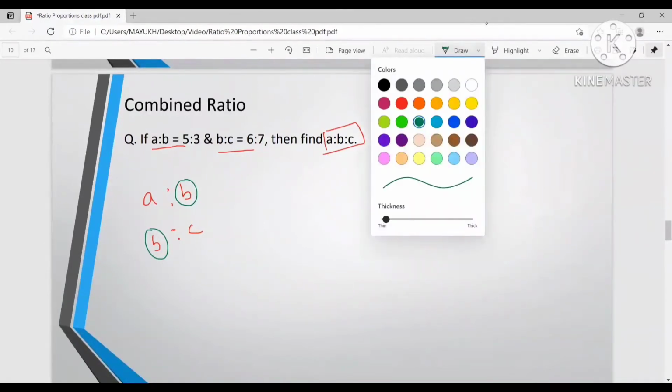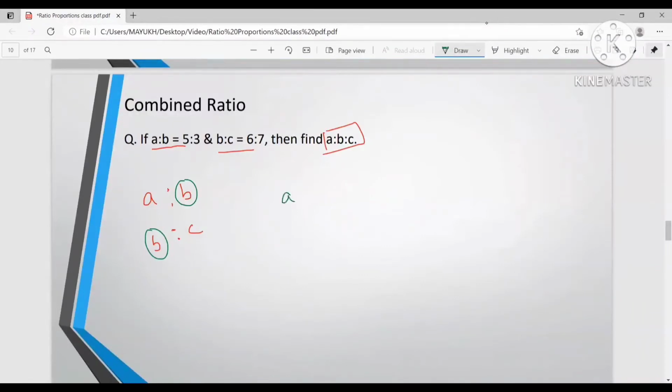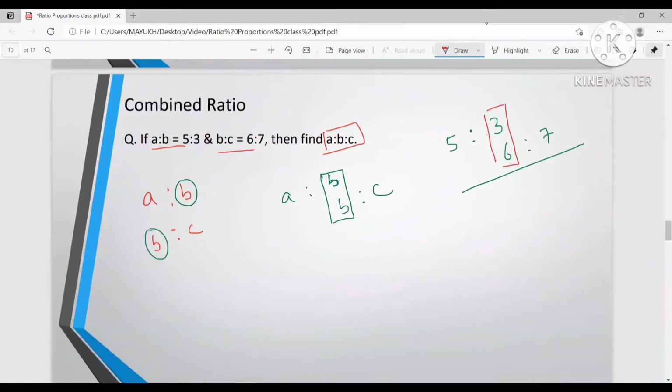So to do that, what I can do is, A is to B and B is to C. If I write like this, my target is to make these two same. If I write the values, 5 is to 3 and 6 is to 7. Now, to make these two values equal, that is 3 and 6, similarly to the way we find LCM, let's multiply 3 with 2.